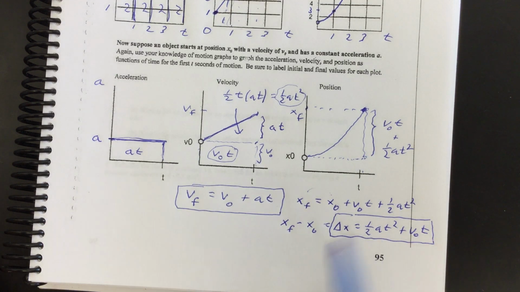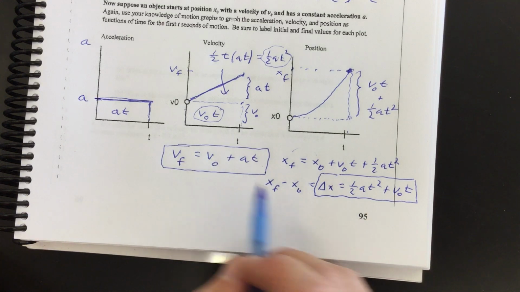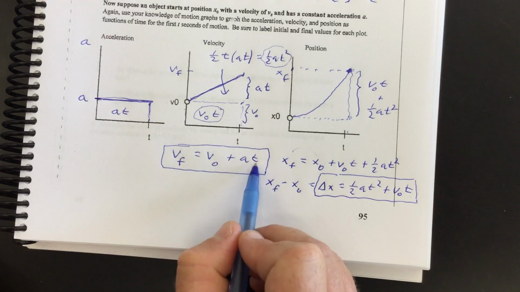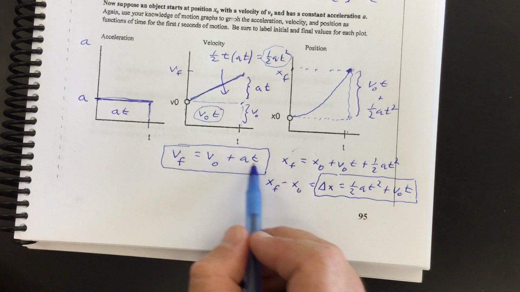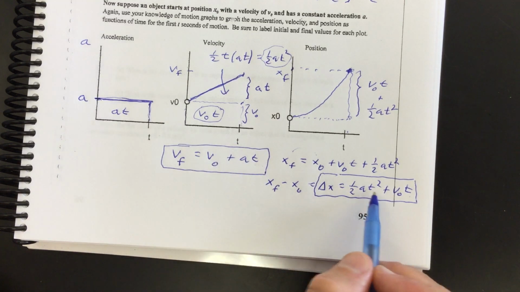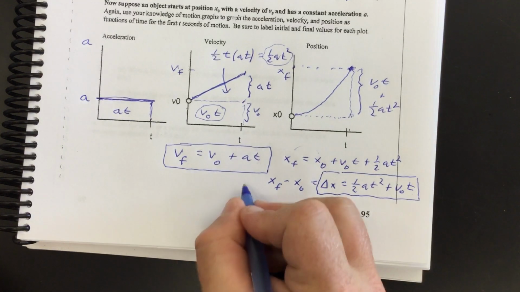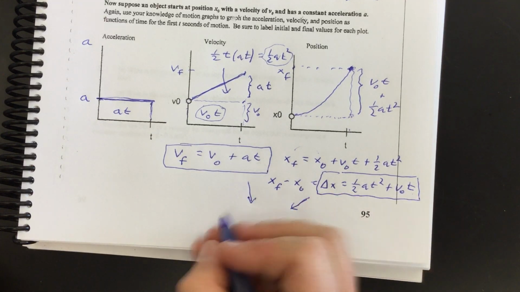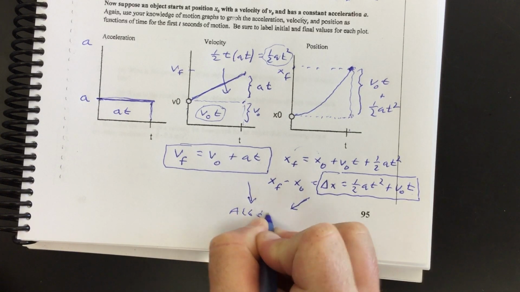And then the final one, which I'm not going to bother to grind through the algebra, and I don't think I'll make you do it either. But it turns out if you eliminate t from these equations, so for example, if you just solve this one for t equals v final minus v initial over a, and then substitute it in here so as to eliminate t as a variable, so you get everything in terms of other variables, together, these two equations through algebra, which I'm not going to make you do right now, so here I'm just going to write the word algebra.